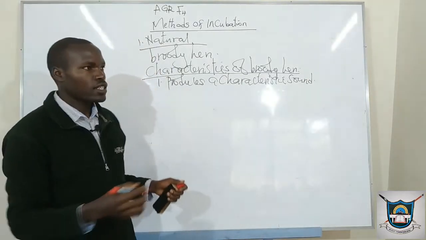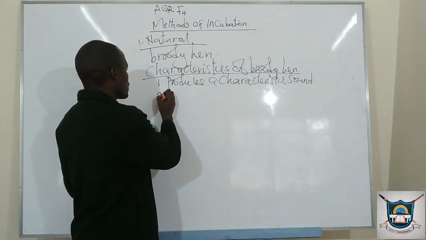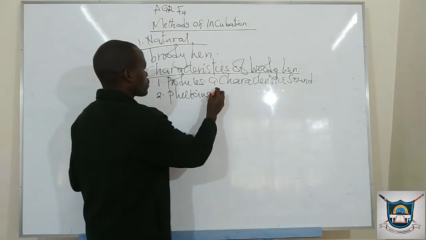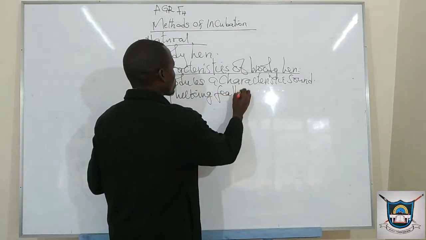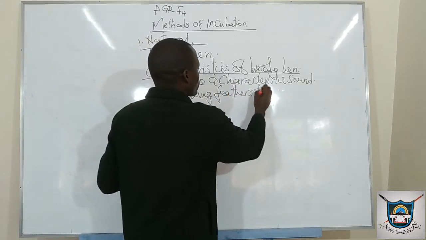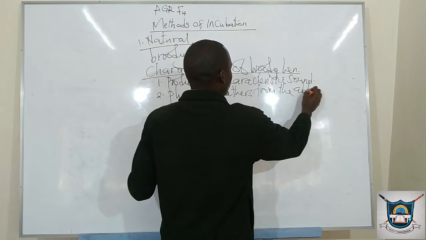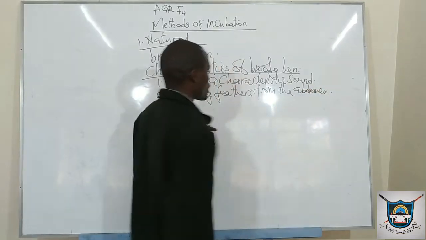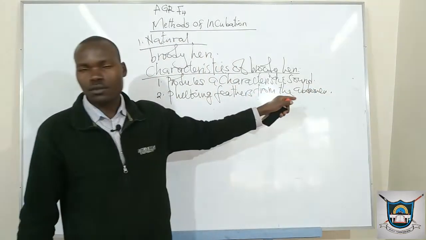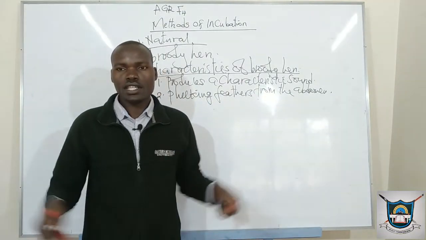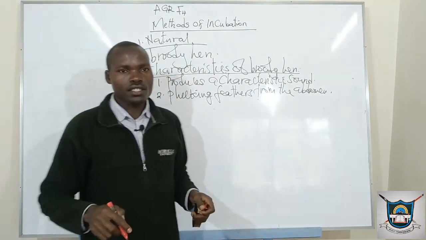The other sign is that it starts plucking feathers from the abdomen. Much of these feathers which it plucks from the abdomen, it spreads around the eggs.